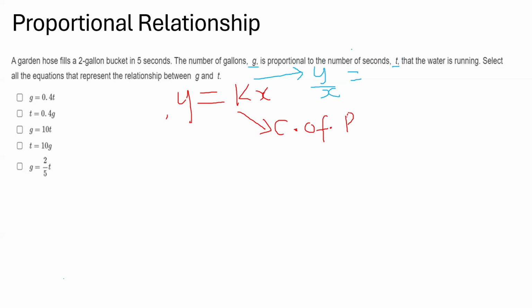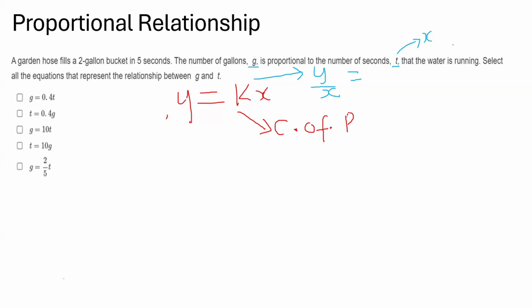But in order for you to know which one of these represents our x and which one represents our y, you must know which one is the dependent and which one is the independent variable. Apart from that, sometimes you're given some clues. For example, in this question we have time, which is t. On the graph, time is always on your x-axis.